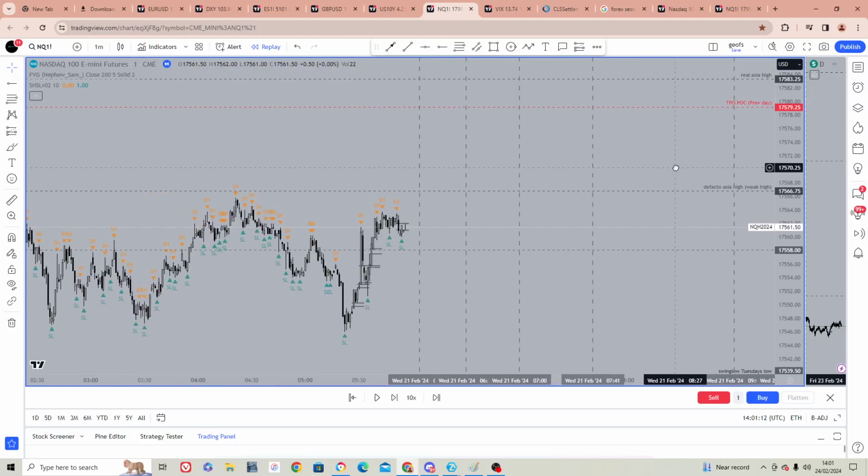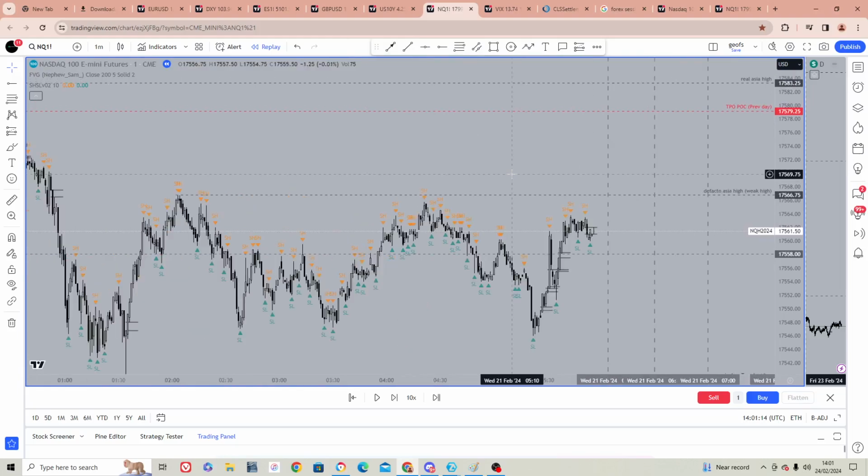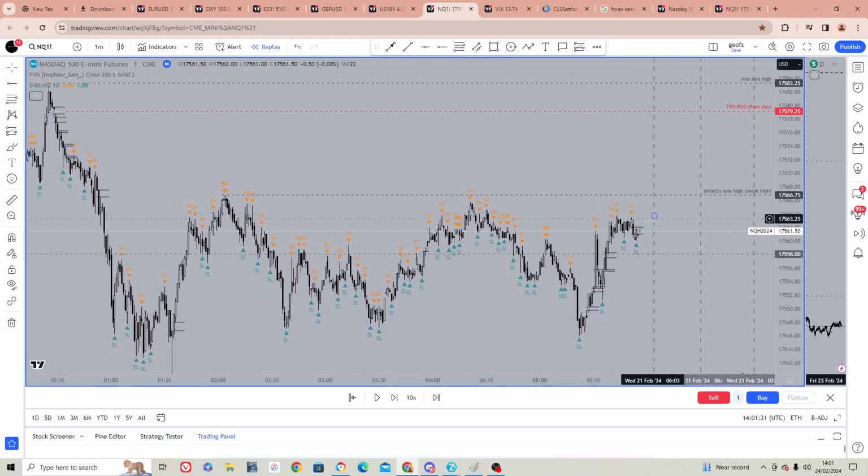So remember the holy trinity of time, price, volume. We don't just look at price alone. We also look at time in detail, and we also look at volume in detail. That's all we need to be a successful trader. So what's the situation here at 5:57?